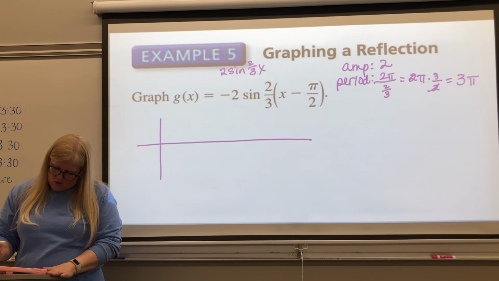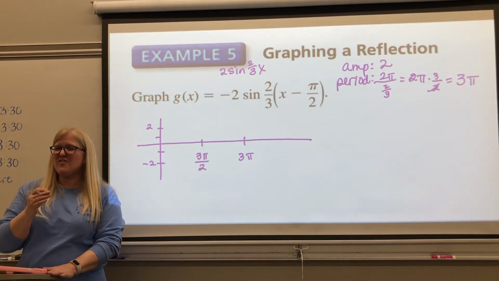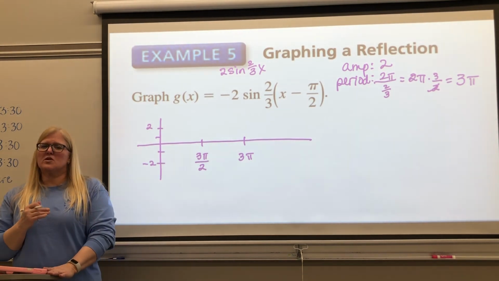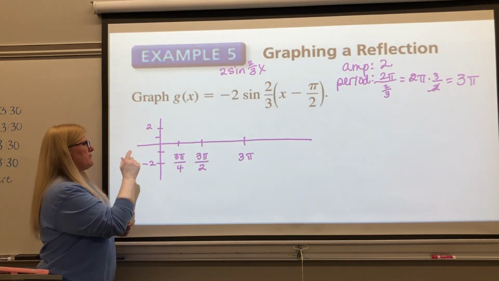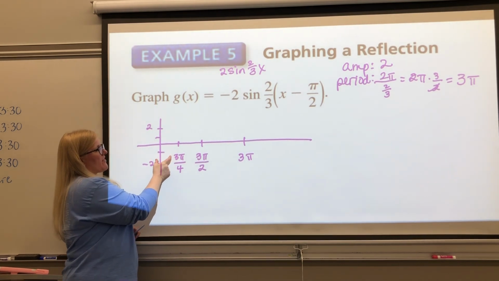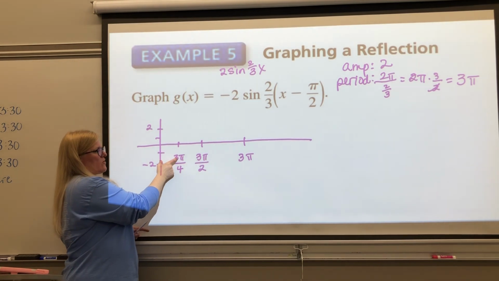All right, so amplitude of 2. So 2, -2. And then 3 pi. Here's 3 pi over 2. Half of 3 pi over 2 is 3 pi over 4. So that means that I'm going to add 3/4 each time.